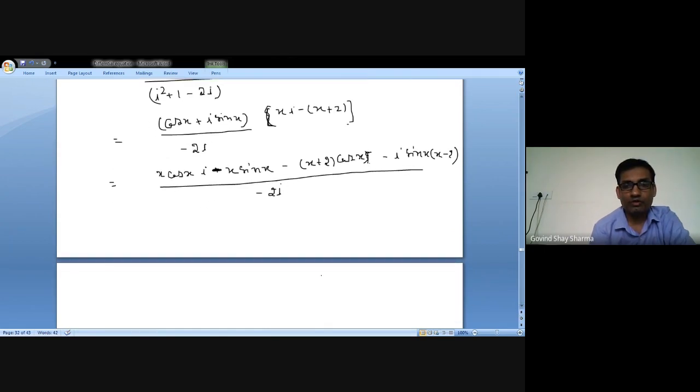So we multiply both the numerator and denominator by iota.